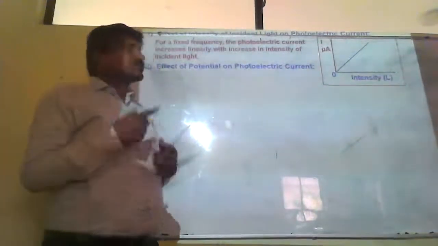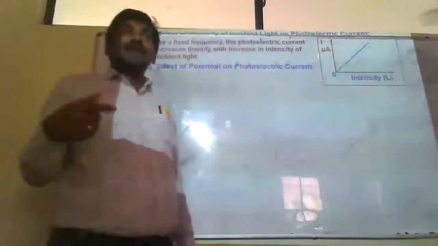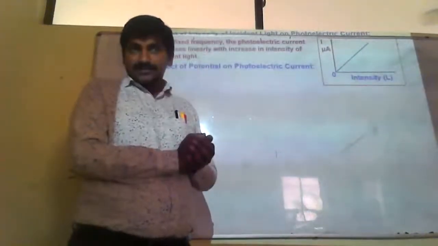Okay? So, if I am increasing the anode potential, what happens? Usually, it attracts more electrons. Right?